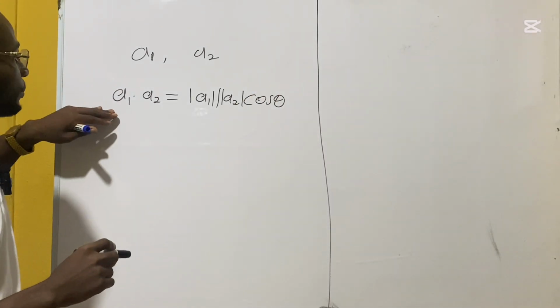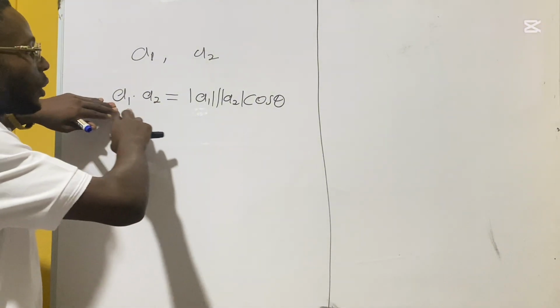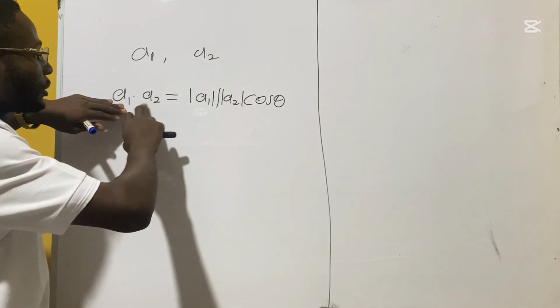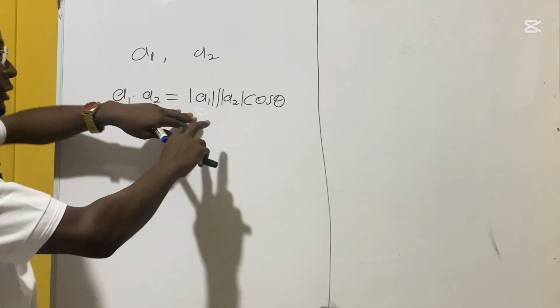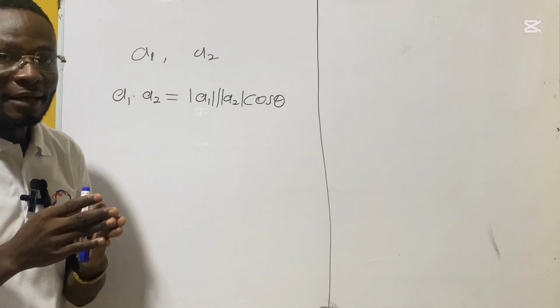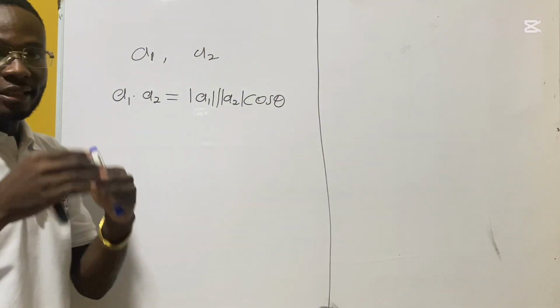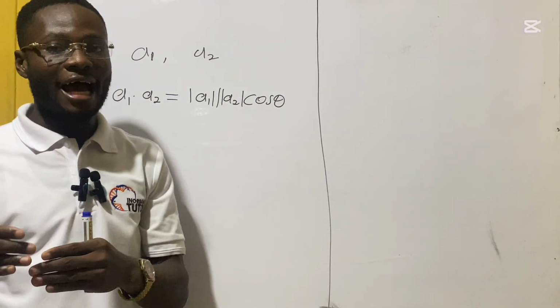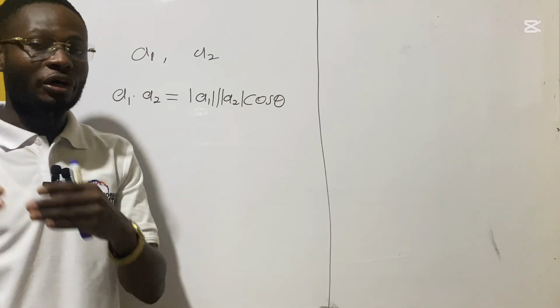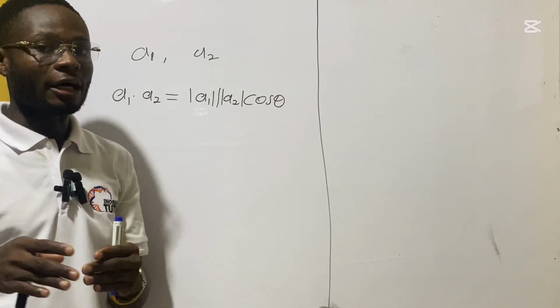So the dot product, a1 dot a2, equals the magnitudes of these two vectors times cos theta, where theta is the angle between them.